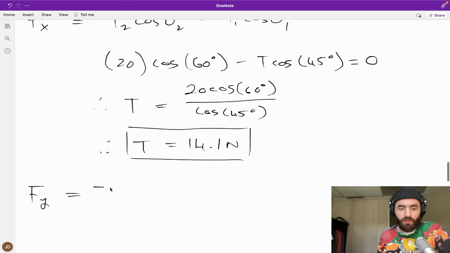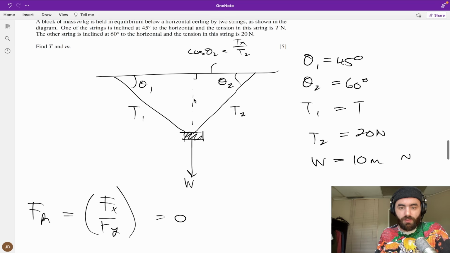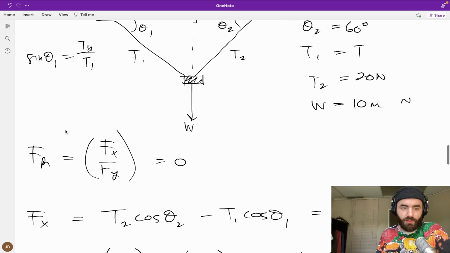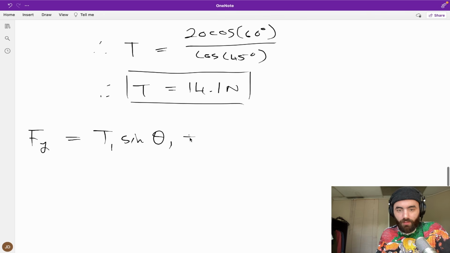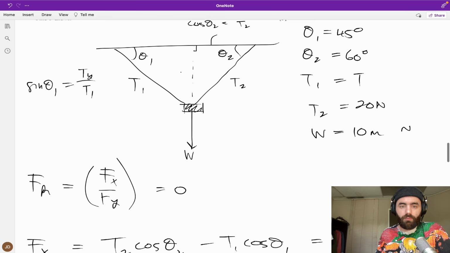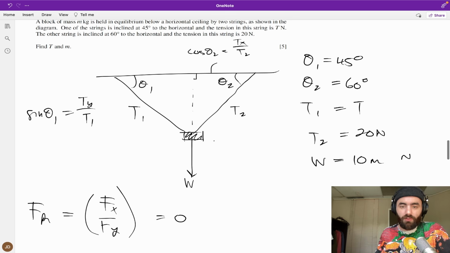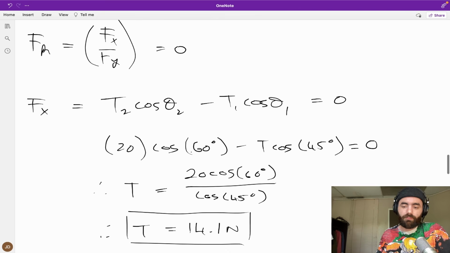So we have T1 sine theta 1. This Y component of T is going to be opposite over hypotenuse, so T1 sine theta 1 plus T2 sine theta 2 minus W equals 0. Right, because the Y components of T1 and T2 act up, and W acts down.